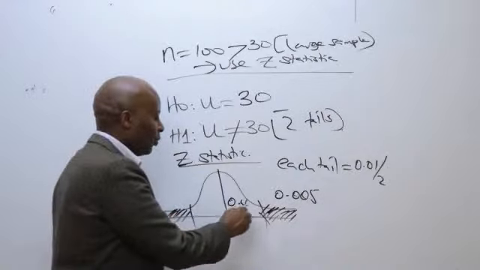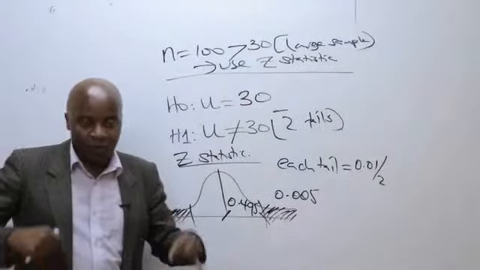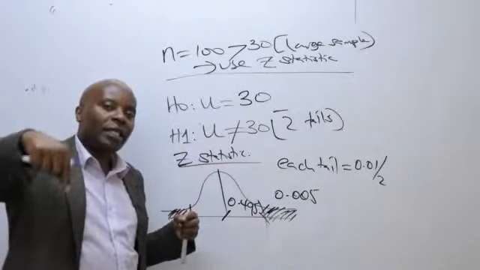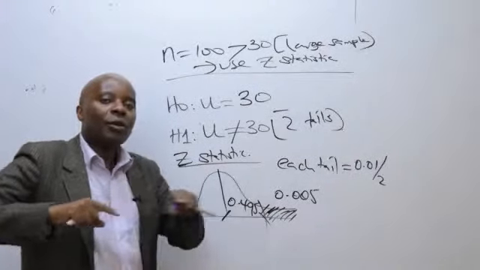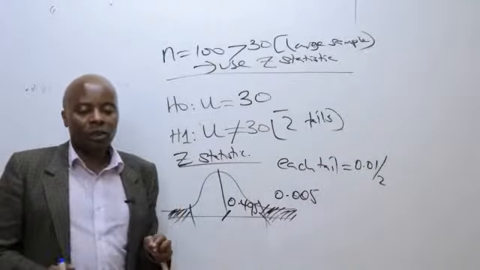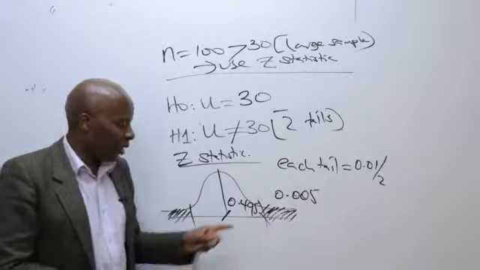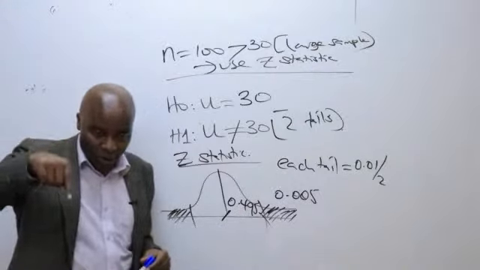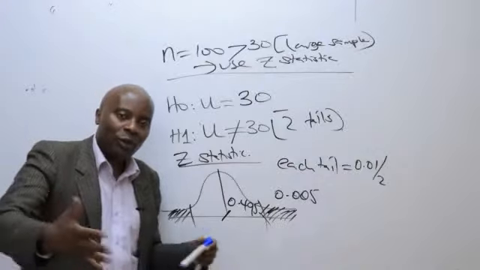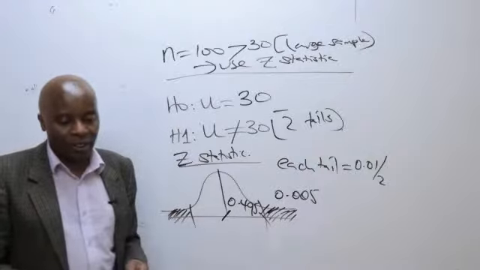This gives me 0.495. Now, once I get this 0.495, I will run very fast, get my Z table, get inside the Z table, and then I use reverse gear to read an equivalent Z score. Because whatever you have here is the entry, we are entering inside the table, and then we read reverse gear.